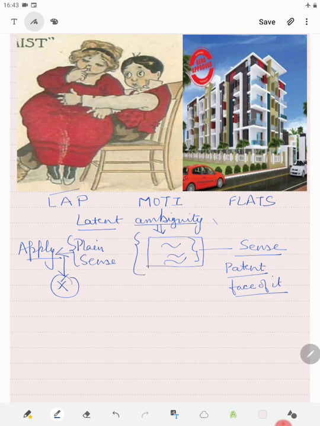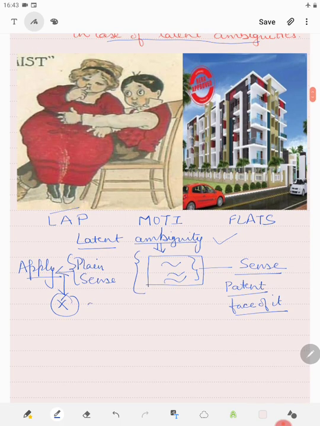So that is a latent ambiguity. It is an ambiguity where a defect is not apparent on the face of the record but in its application to the facts stated in it, there is a defect.